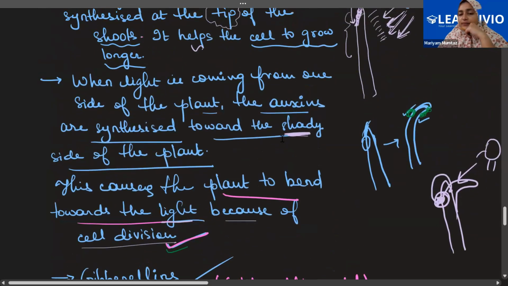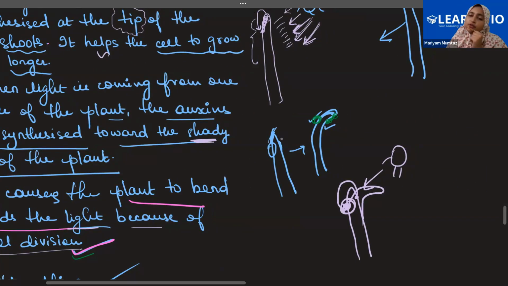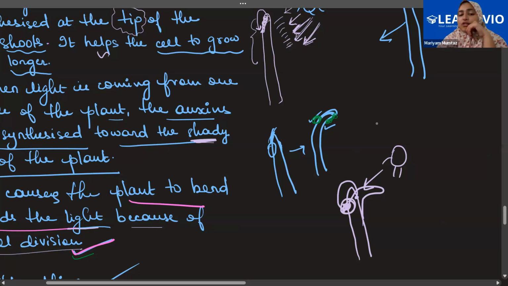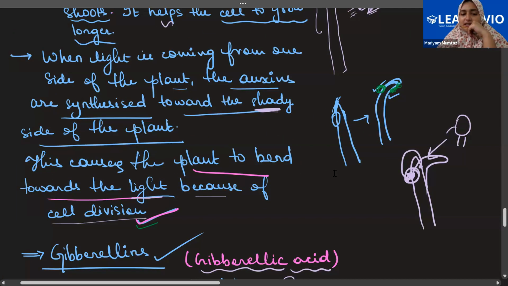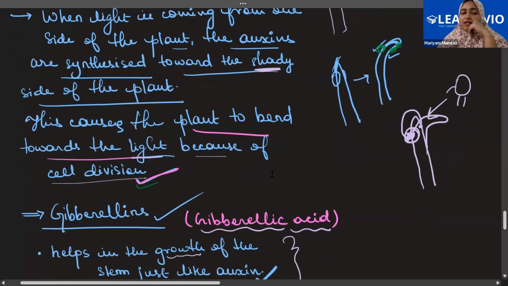Now, since the hormone is moving to the shady side, when the hormone is released, the cells will start dividing, and the plant will bend towards the light like this. So this is what happens during auxin synthesis. This causes the plant to bend towards the light because of cell division.